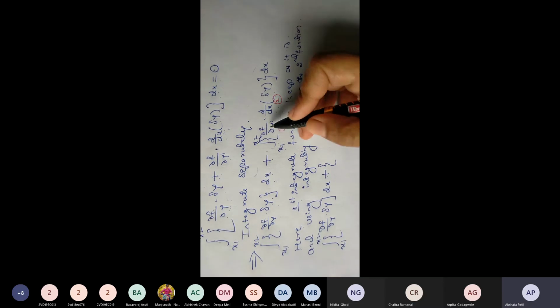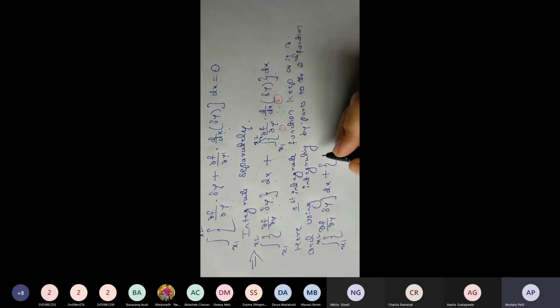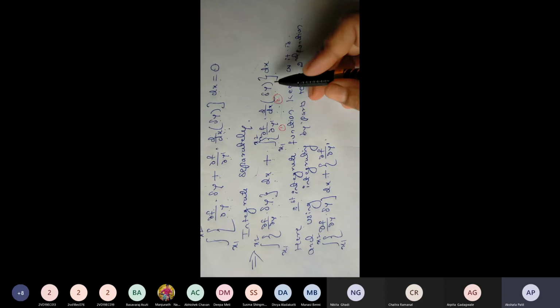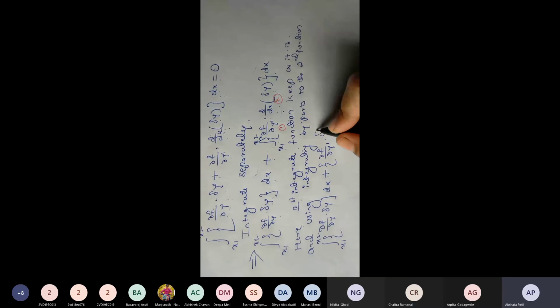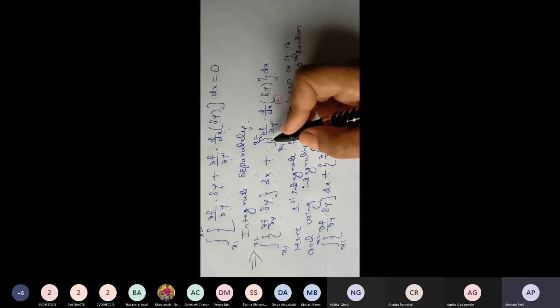First term we keep as it is, dou f by dou y dash. Now we integrate the second term, d by dx of delta y, with respect to x, then you will get delta y, applying these limits x1 to x2. Now minus sign, you know Bernoulli's rule, is it right? Now minus sign, and again integration over x1 to x2.